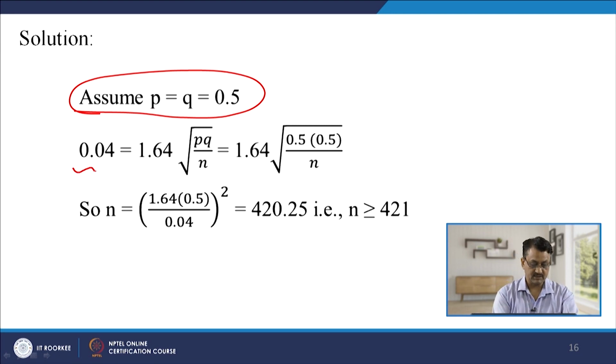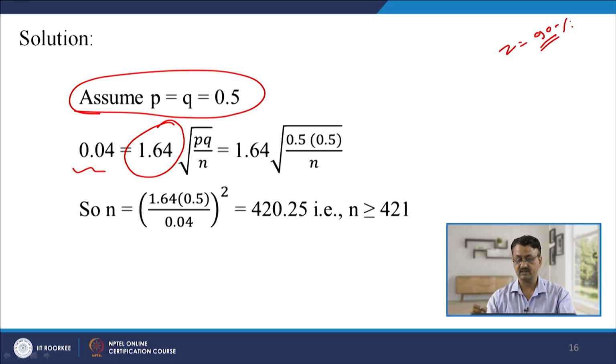Now, this is your precision value, this is equal to 1.64. From where did we get this 1.64? This is z value at 90% significance level. So, 0.04 is equal to 1 by 1.64 under root of p q n.